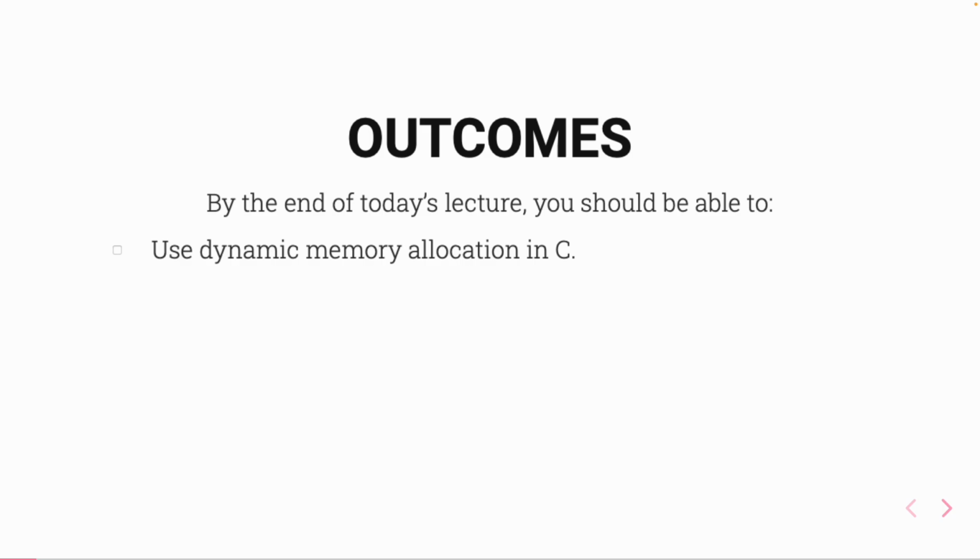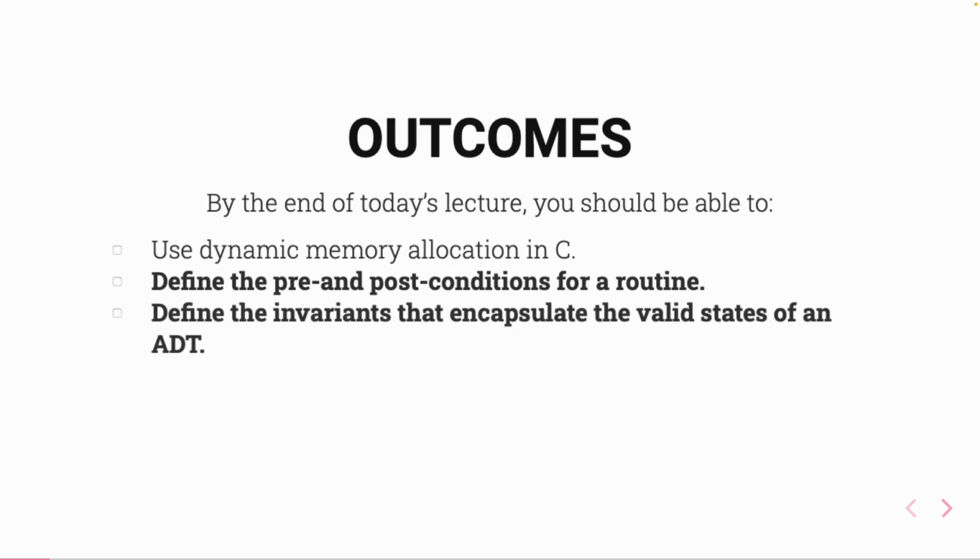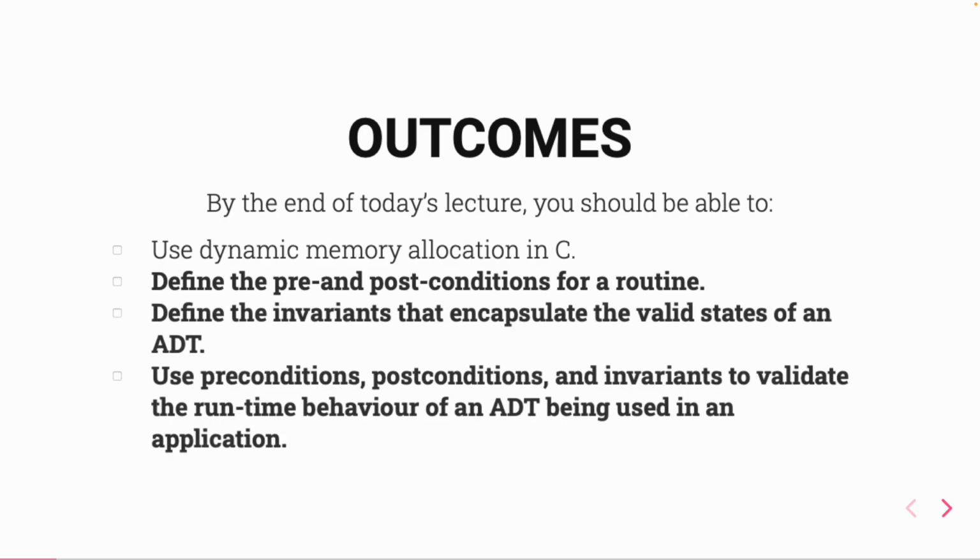Try and think of practice questions for yourself because I'm apparently not allowed to share past midterms. But after we're done talking about dynamic memory allocation, I'm going to move on to the next major concept in the course, which is design by contract, which is basically getting a set of statements that need to be true before a function executes, after a function executes, and all the time.